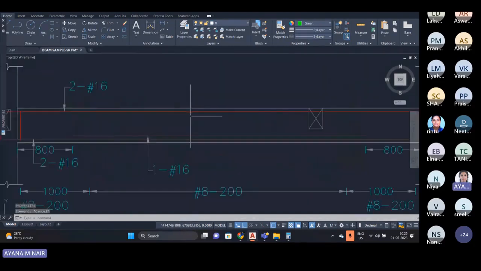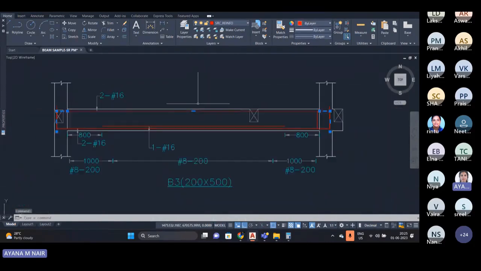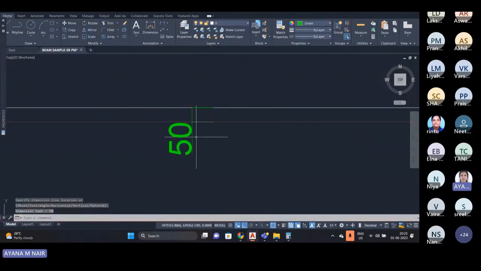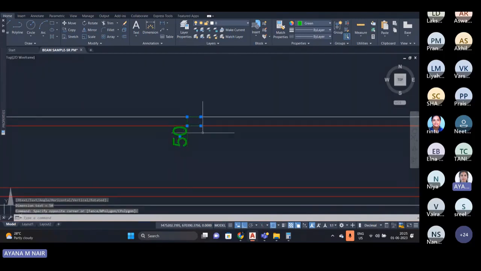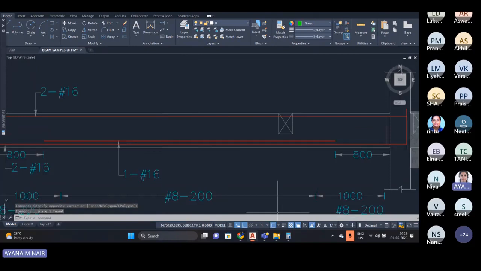For the next, I am coming to this drafting portion. There should be a cover distance provided for the beams. Here it is 50 mm. Actually, it is the clear cover that is provided, but the actual cover is more than the clear cover. Clear cover here is, as I told you, 50.